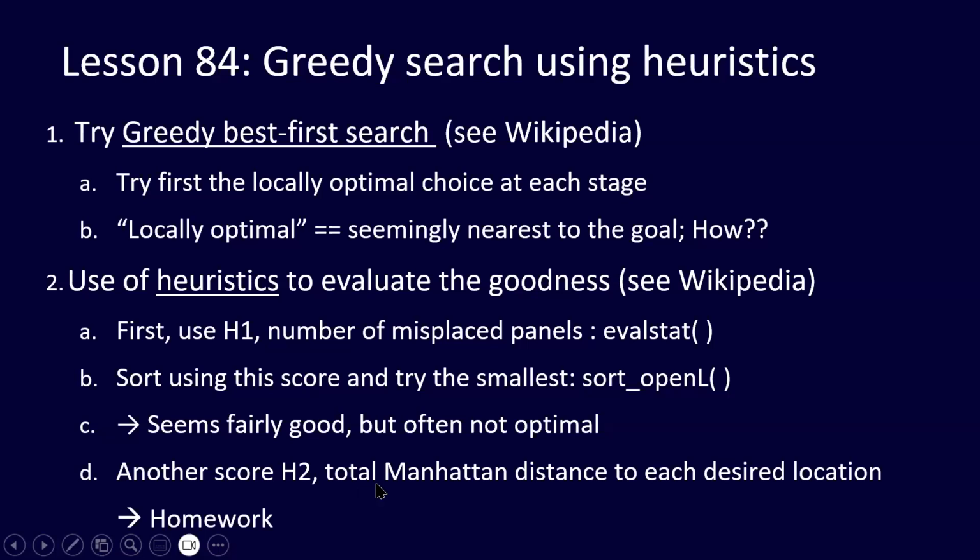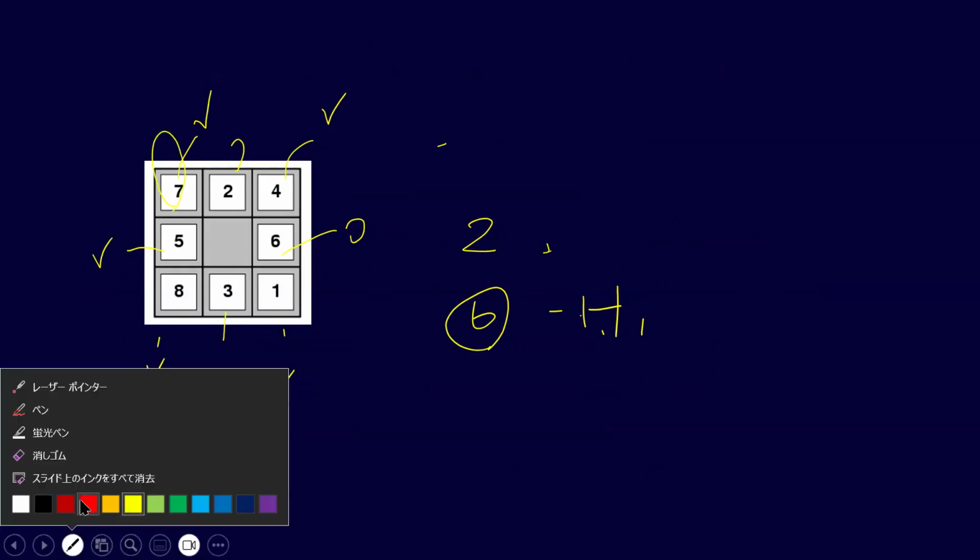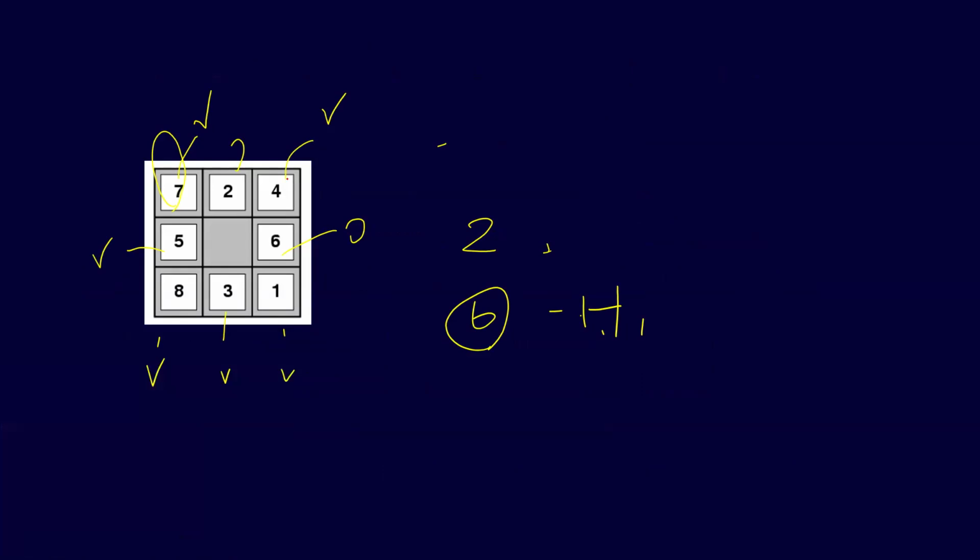Another score, H2, is the total Manhattan distance to each desired location. Do you understand this? For example, 7 should go to here, so the distance of 7 is now 2. 2 is in the correct position, so the distance is 0. 4 should go to here, so the distance to the desired position is 1, 2, 3.